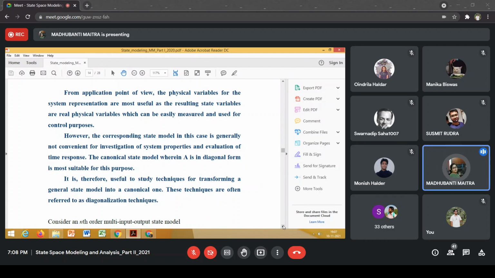So that's why those state models are not very suitable or conducive for investigation purposes and for evaluation of the time response, evaluation of x(t), right?